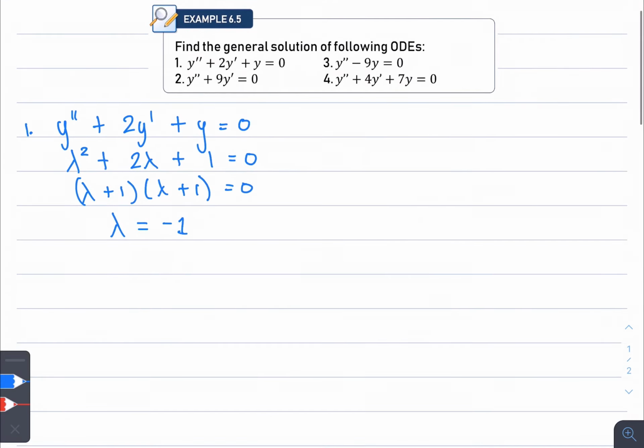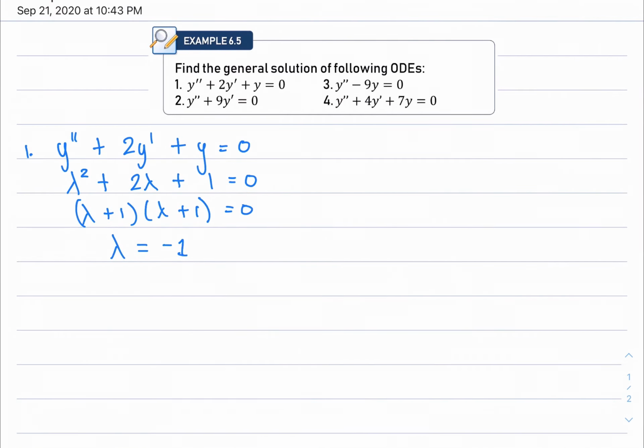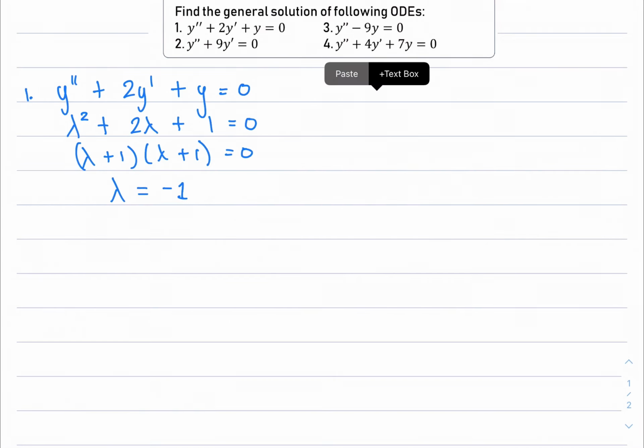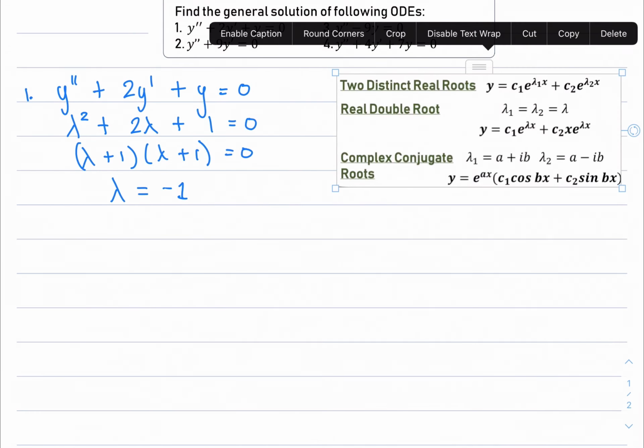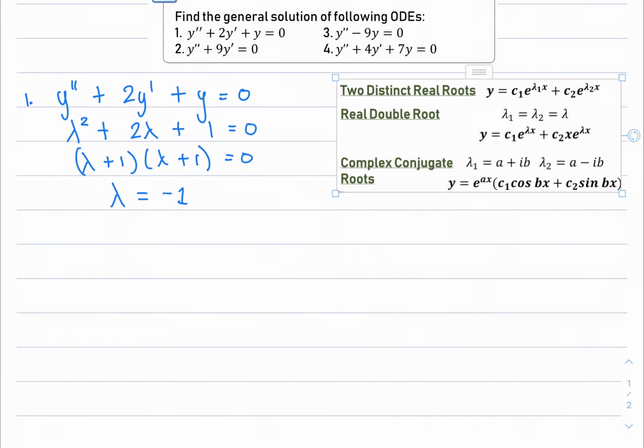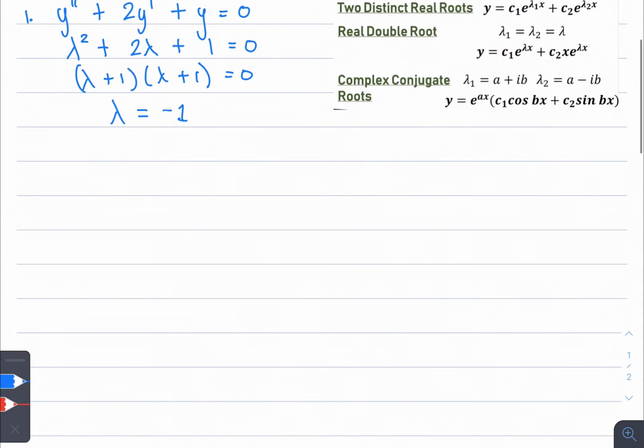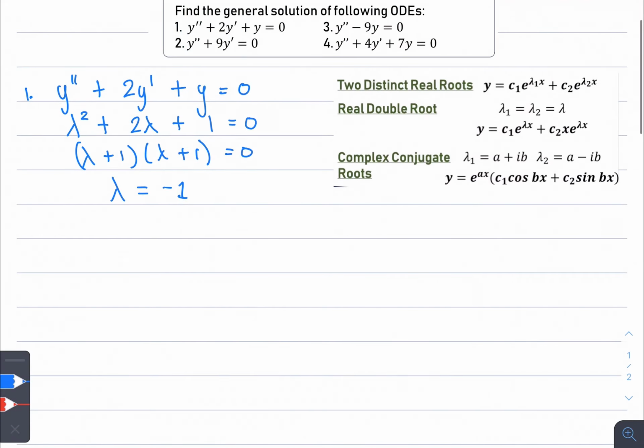repeated twice. So from the lecture, ayan, may kodigo tayo. From the lecture, we can get the solution using this guide. If I have real double roots, which is the case for number 1, the solution will come in this form.